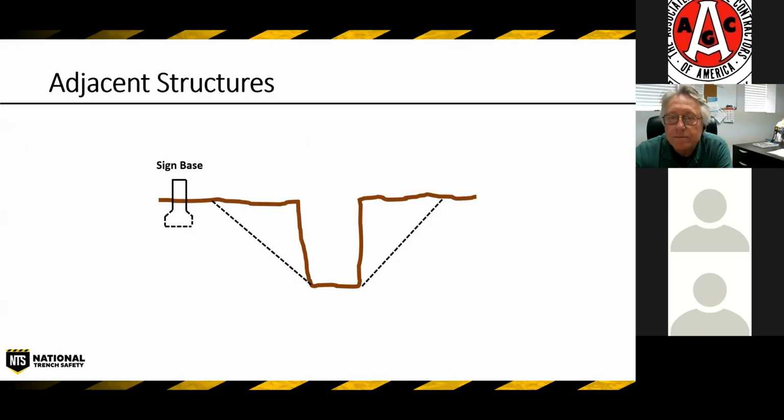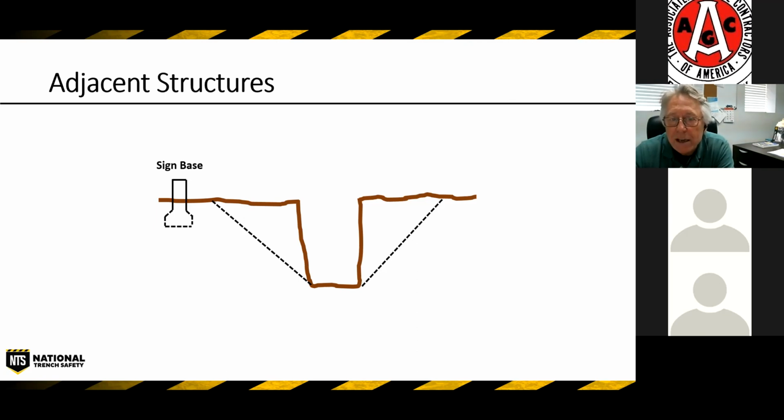One of the types of adjacent structures that often is forgotten is something as simple as a sign base. Anytime that there is a sign, there's usually some structure underneath that sign supporting it. And these sign bases can be quite deep.